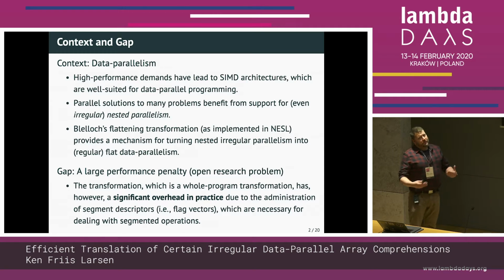And one of the problems, and a still open research problem, is how do we deal with irregular nested parallelism. So if we have, let's just say, a map of maps, and these inner maps have different sizes, then we need to do something in order to balance the work.